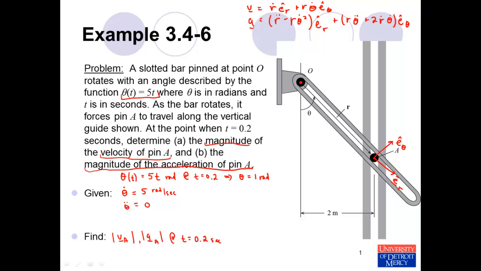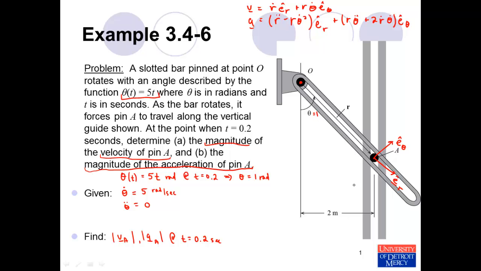When we do these polar coordinate problems, we will always want to use radian units for our angles, not degrees. Another thing that we'll need is radius, and we can get that from geometry. So at this time, 0.2 seconds, the time we're interested in, theta is 1 radian.